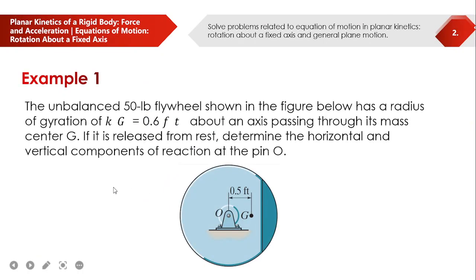So let's have an example. For example number one, for rotation about a fixed axis, it says that the unbalanced 50-pound flywheel shown in the figure below has a radius of gyration of k sub G equal to 0.6 feet about an axis passing through its mass center G. Again, it passes through the center G, so we can call that k sub G, 0.6 feet.